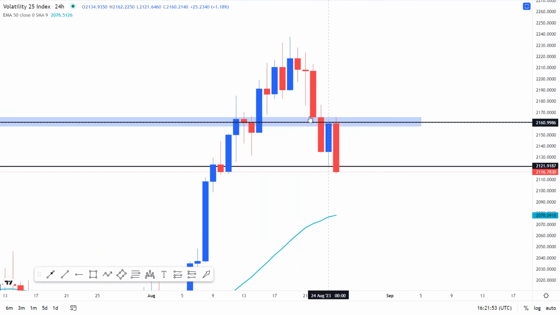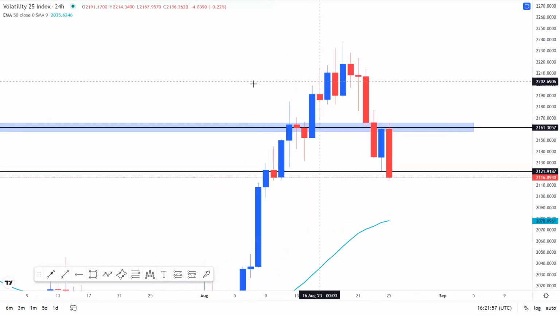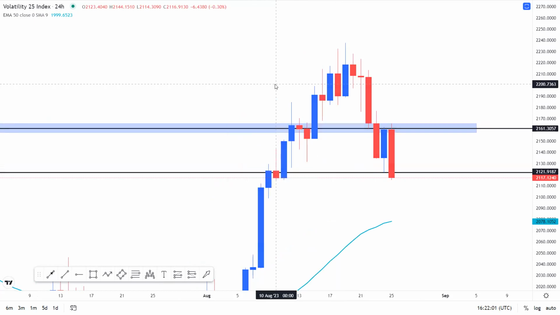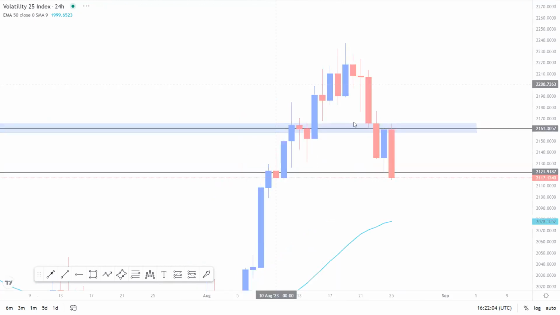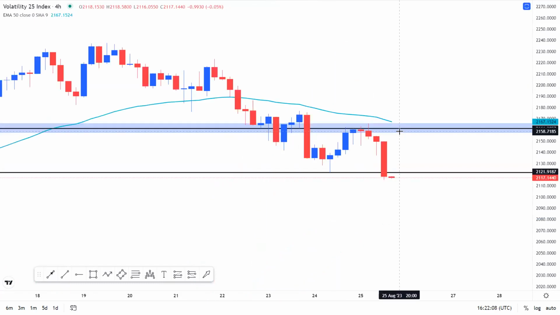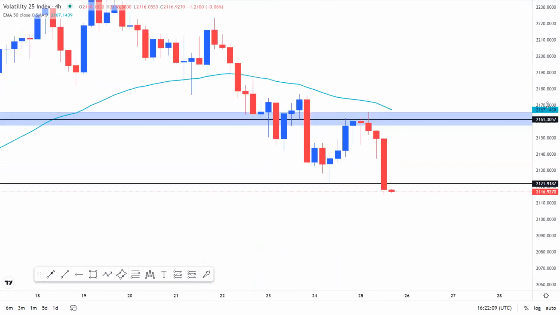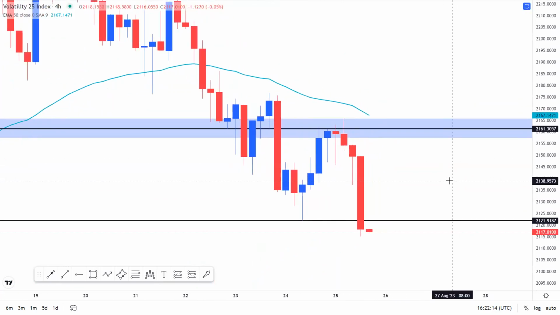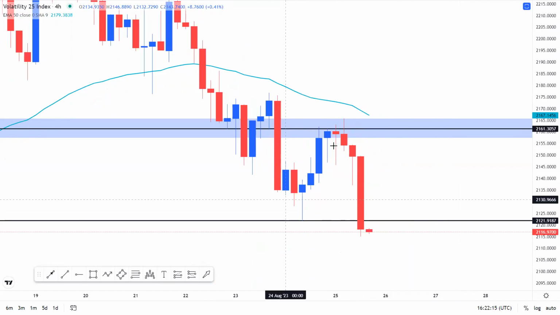Now, this is where this morning I had scaled down to the lower time frames just to be able to get better price action confirmations for sales at the level. Now, this is the retest of the level like I had established from the daily time frame previously.